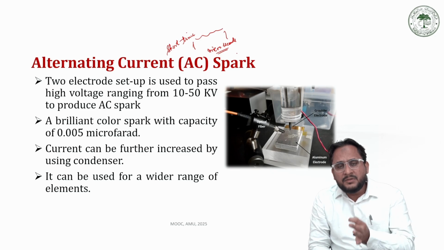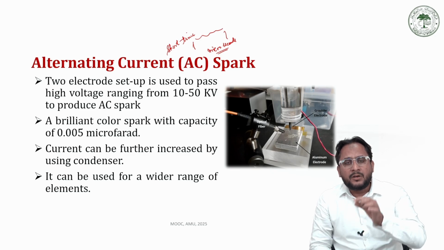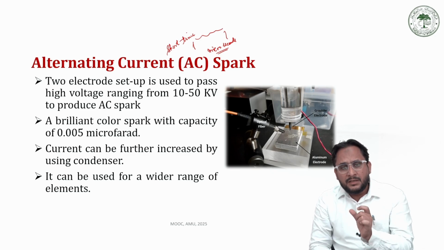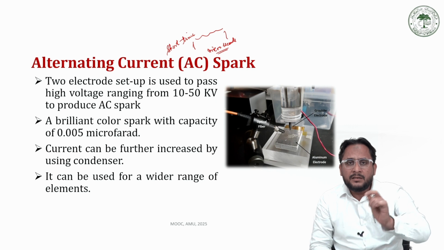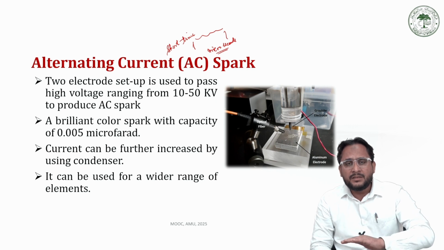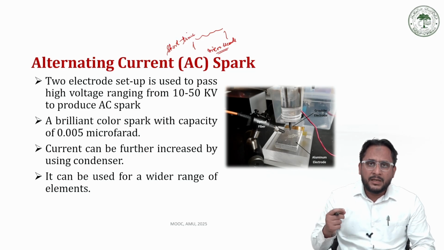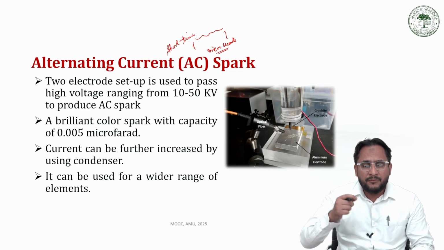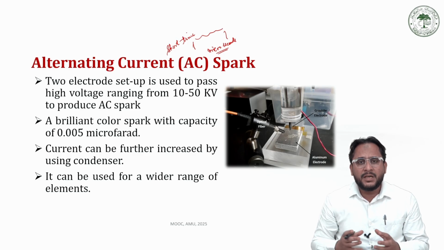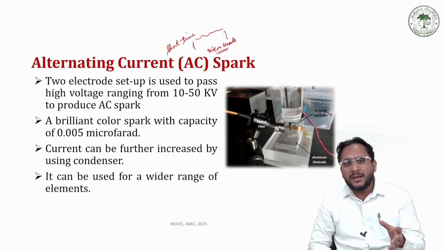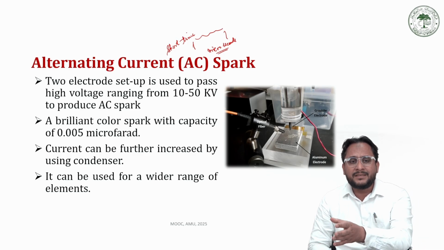And since the time is small, the contact between this energy and the sample is for a very short time. Therefore, the energy should be very high so that in those few microseconds only, it should be able to completely vaporize and dissociate as well as excite the sample.